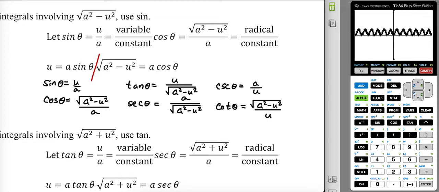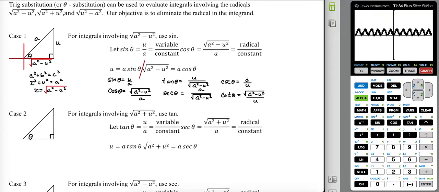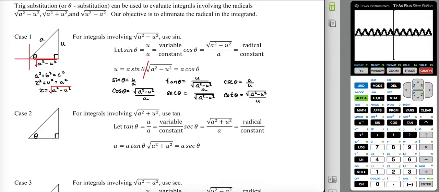But what we want to try to do is come up with ratios just for the sake of making things as uncomplicated as possible. We want to develop a ratio of the simple variable, the u, that we're creating, to the constant a.